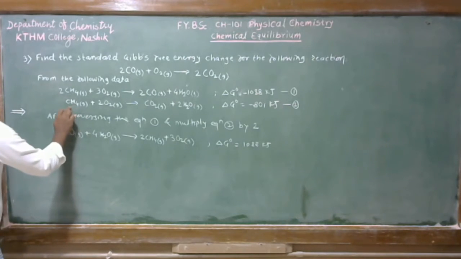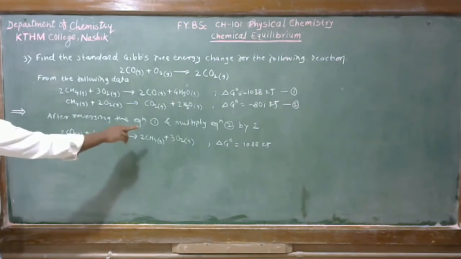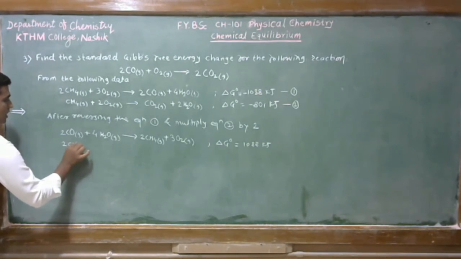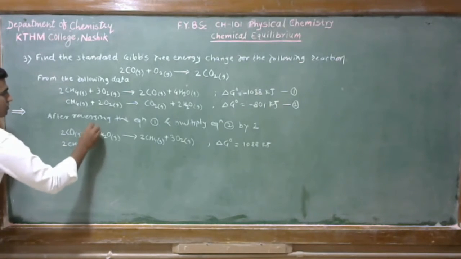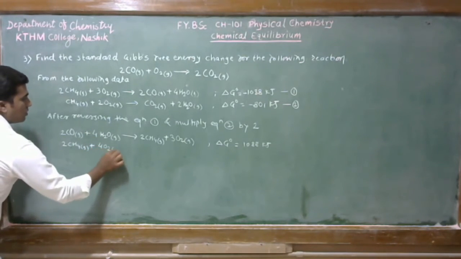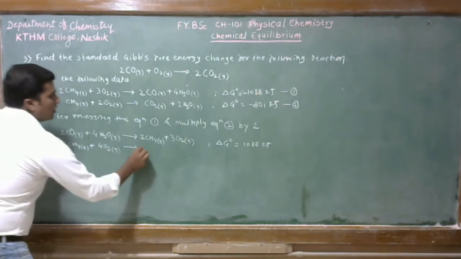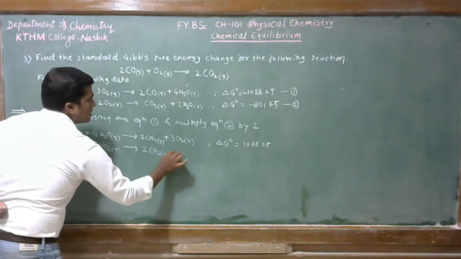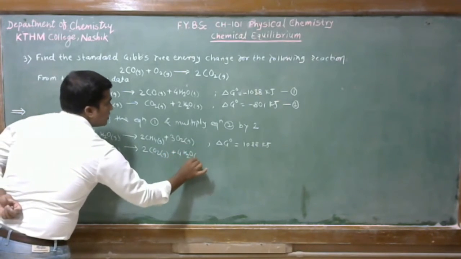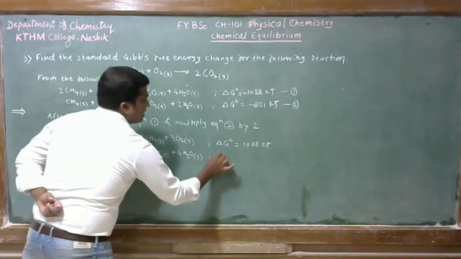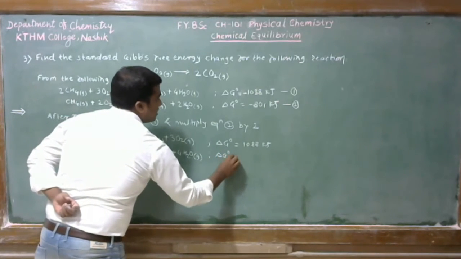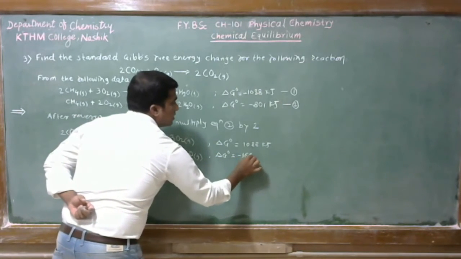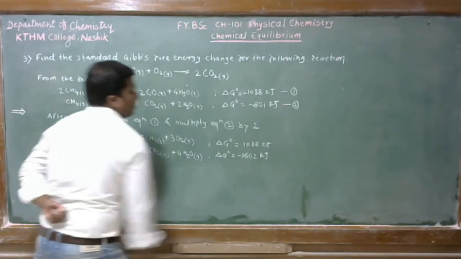Now for equation number 2, we have to multiply by 2. So 2 moles of CH4 gas plus 4 moles of O2 gas gives 2 moles of CO2 gas plus 4 moles of H2O gas, and delta G naught is equal to minus 1602 kilojoule.